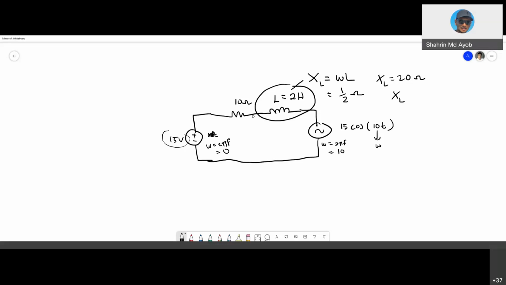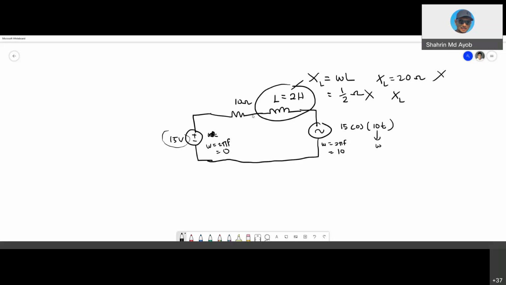So meaning that this answer is not correct. This one is wrong, because here you only consider the AC source, right? You need to know that if you have a mix of DC and AC, if you consider DC, the inductor should be a short circuit.